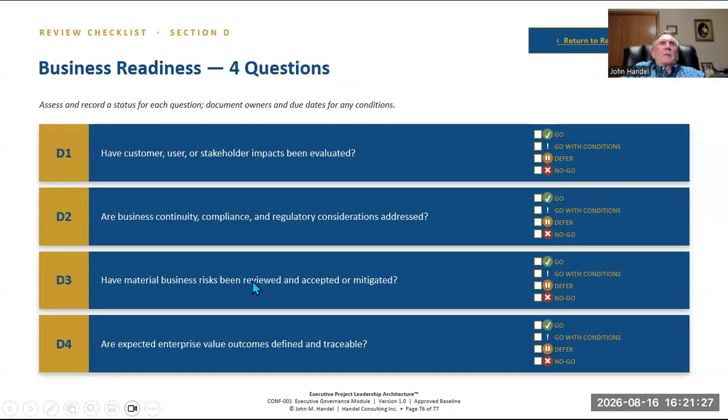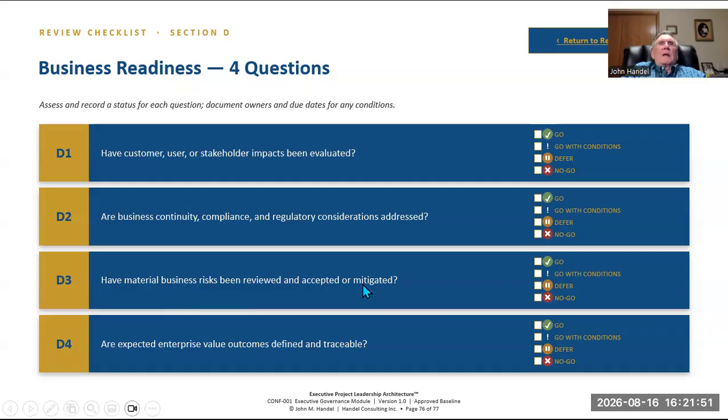Business readiness. Have customer, user, and stakeholder impacts been evaluated? Are business continuity, compliance, and regulatory considerations addressed? Again, has anything changed where you have to be compliant with some new regulation? Have material business risks been reviewed and accepted or mitigated?